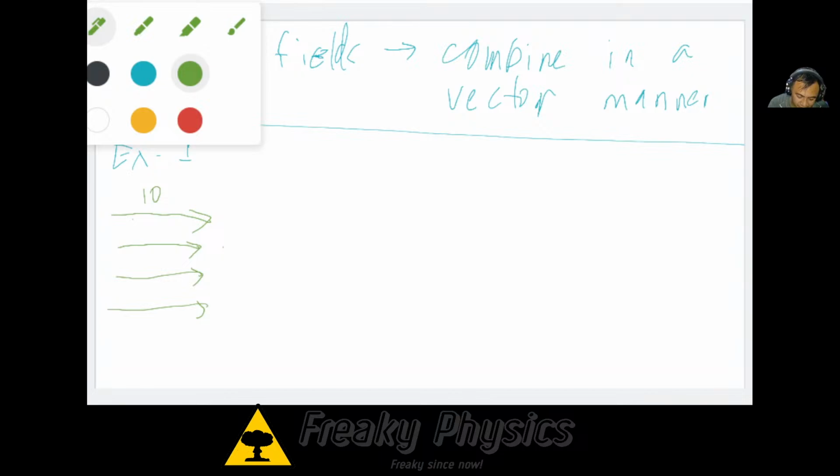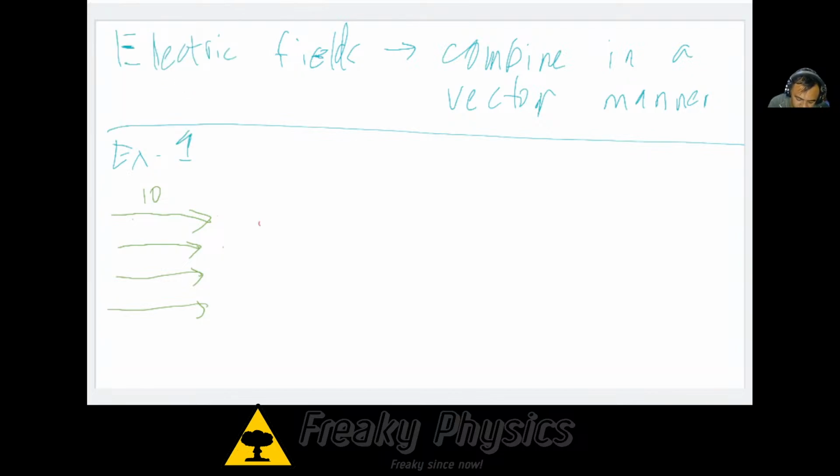Then if you have a second electric field, let's say also going in the same direction like this, but it's denser, it's more powerful. How do you say more powerful in a drawing? You keep those lines closer together, right? So let's say that this new field has a strength of 30.